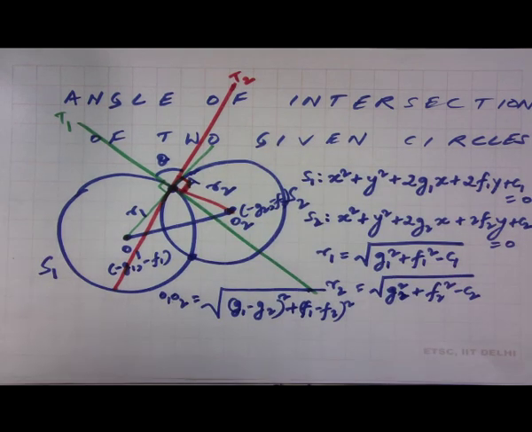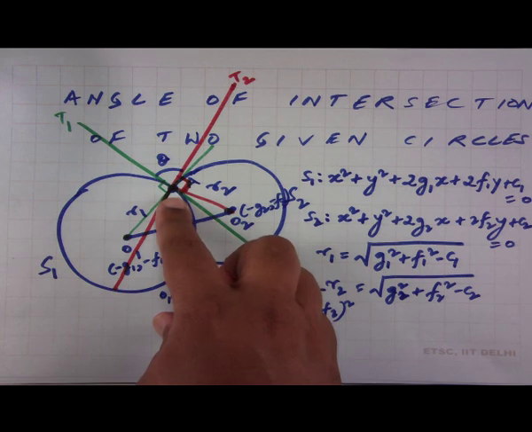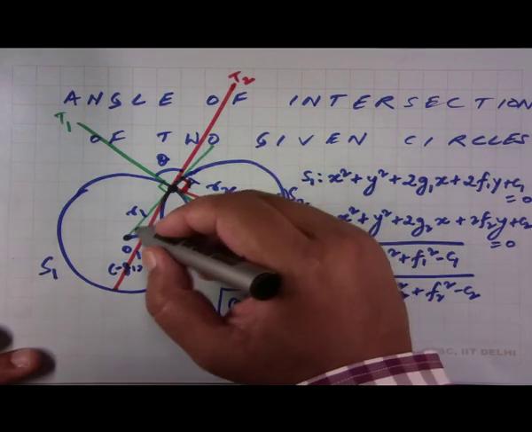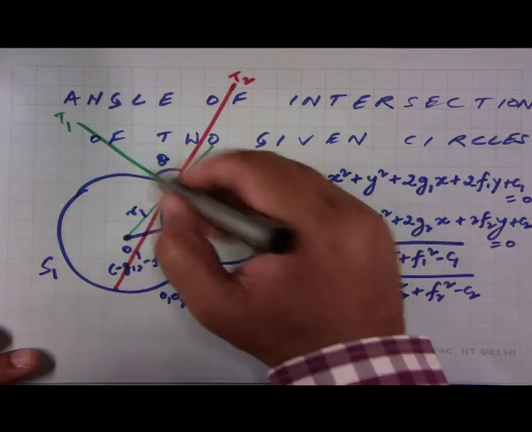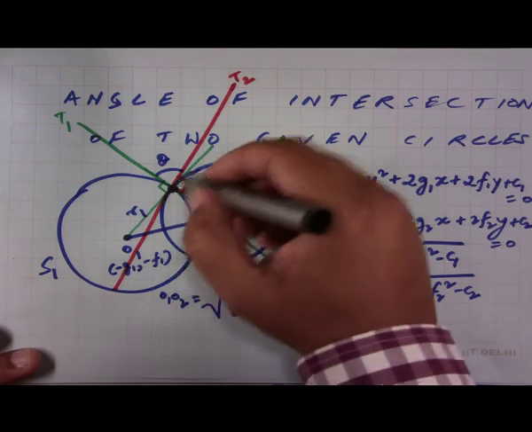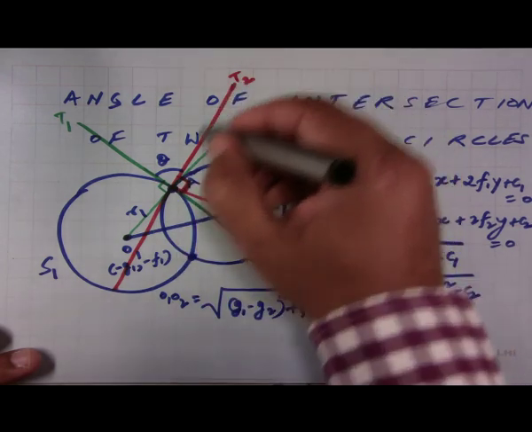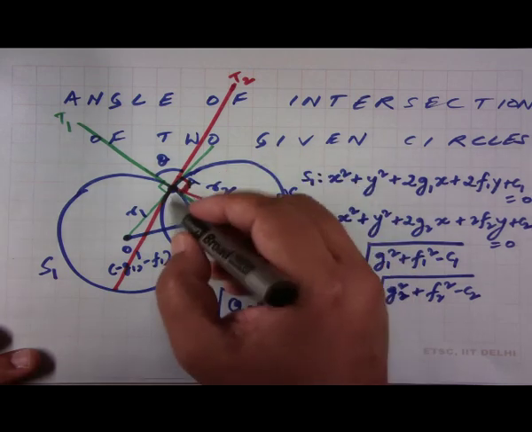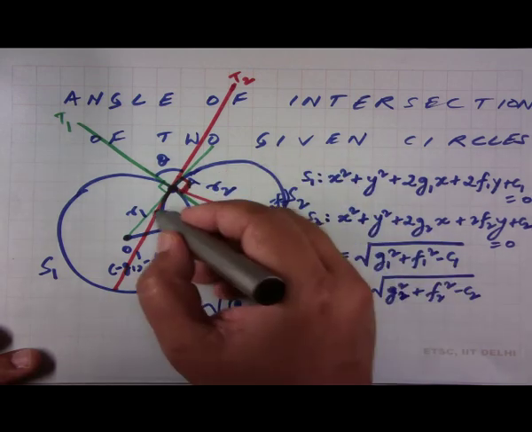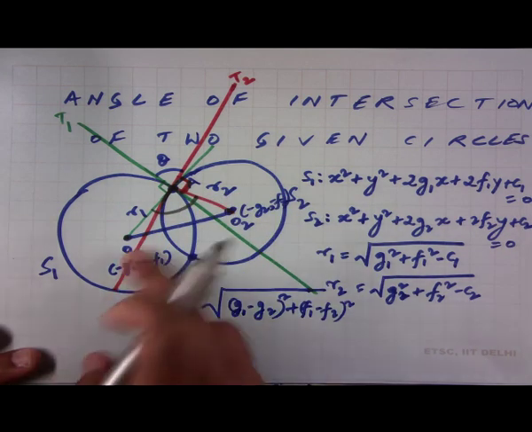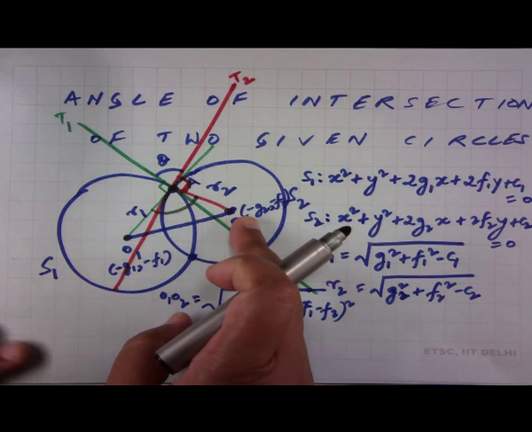So, now if we look at this point, we first have this angle which is 90, then we have theta, and then we have this angle which is 90, and then finally we have this angle O1AO2.